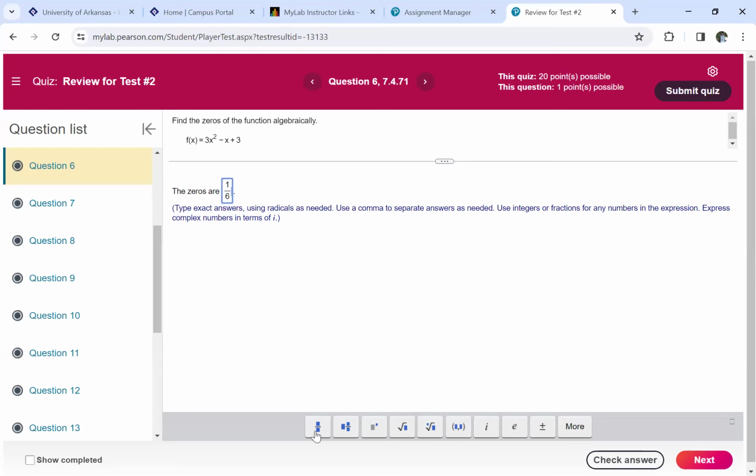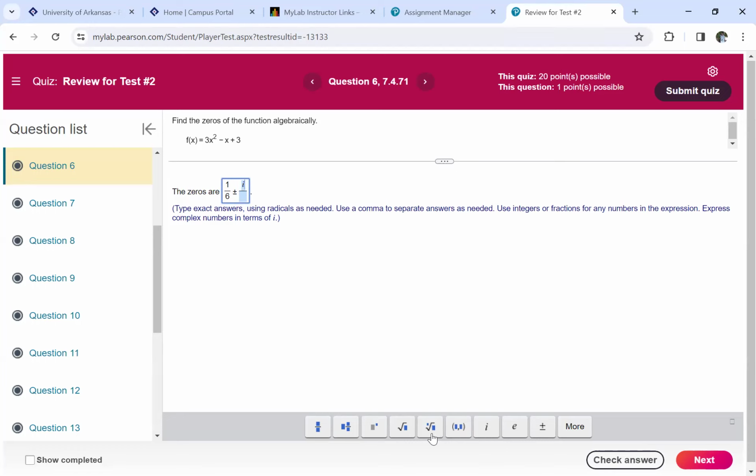Now, I used the plus or minus that MyLab's giving me down here. So I hit the plus or minus. Then I hit the fraction again for the second part. This one I had i square root of 35. Down here they got a little i, so I hit i.